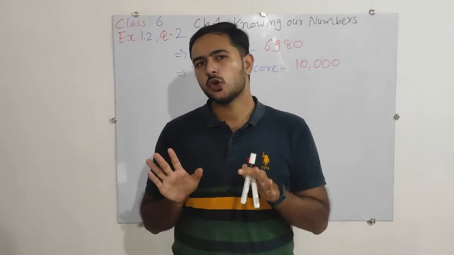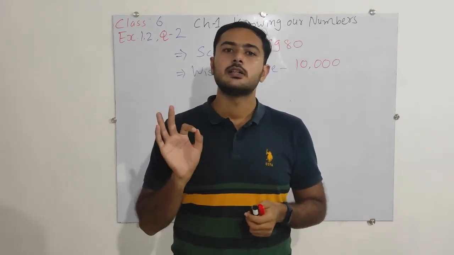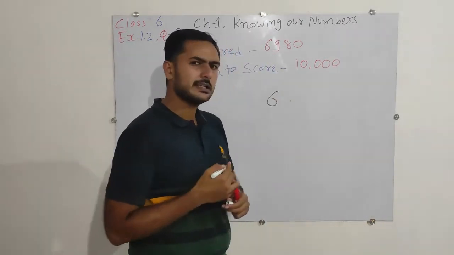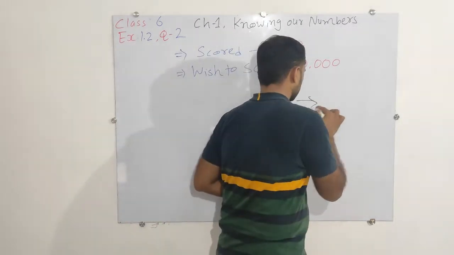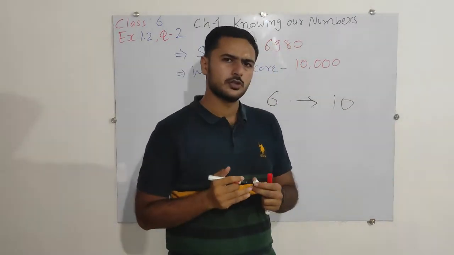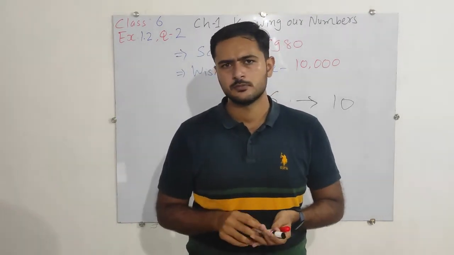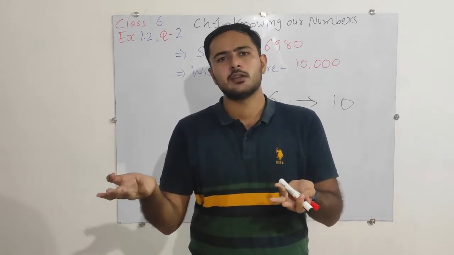Now I'm asking you a very simple question. Suppose you scored 6 runs, and you want to complete a total of 10 runs. How many more runs do you need? 4. How? Because 6 and 4 make 10.